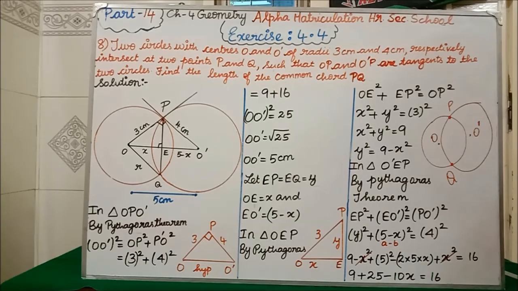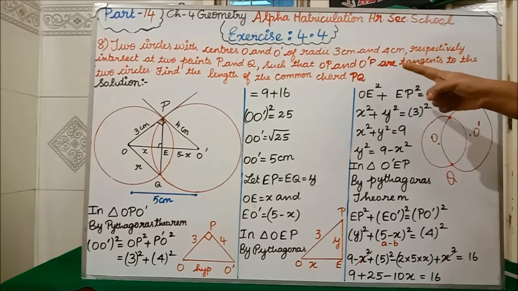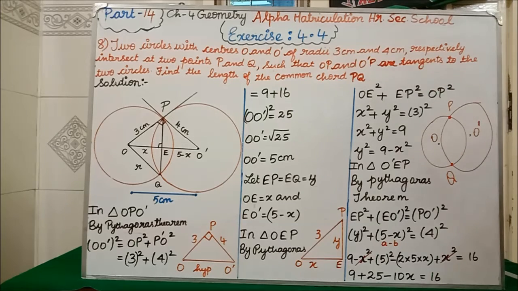Such that OP and O dash P are tangents to the two circles. See, tangent means what? From the center, see, this is the tangent. O dash P is one tangent.